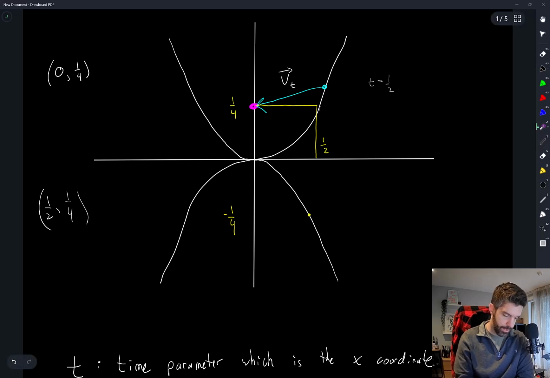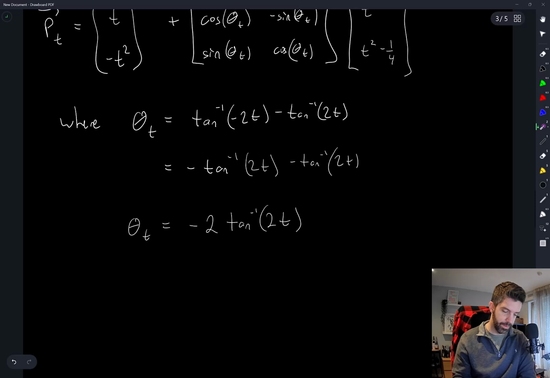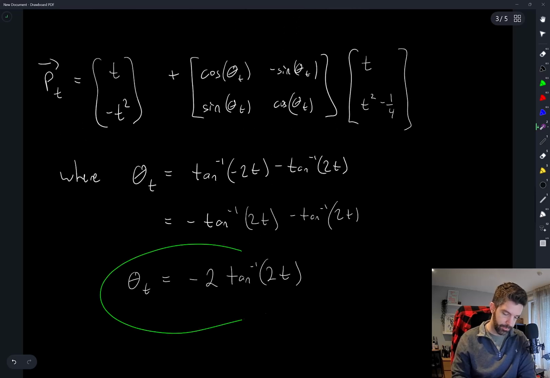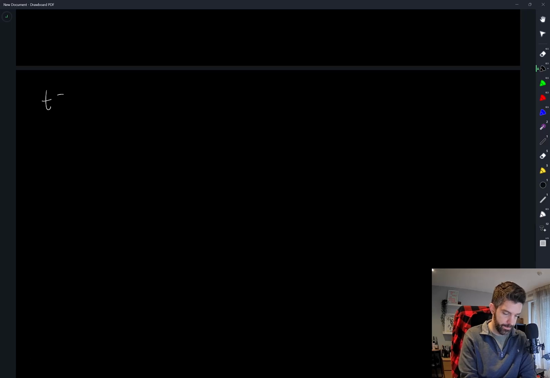So I think this point should be on the locus, and that corresponds to t equal a half. So I'm going to substitute. Before I continue and try and simplify everything, I'm just going to take the formula and plug in t equal to a half and make sure that we're on the right track.